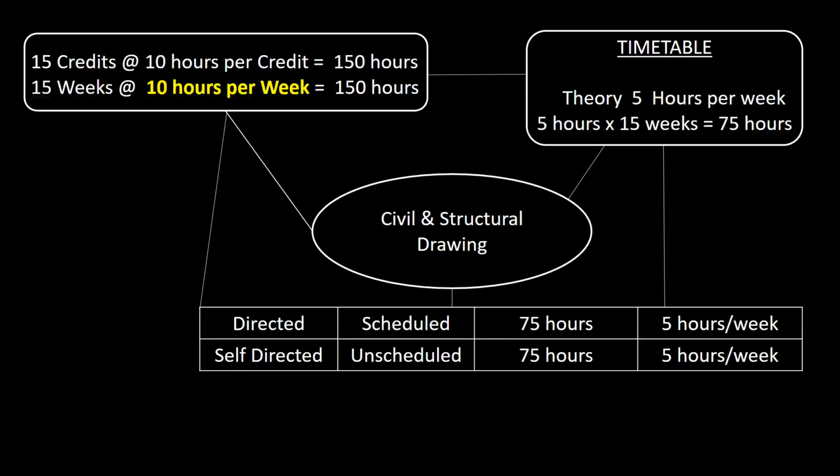So in theory, you have 5 hours per week of directed, scheduled time. 5 hours times 15 weeks is 75 hours. Self-directed, unscheduled, is another 75 hours, or 5 hours per week. That's the expectation: 10 hours per week. 10 hours of work. 10 hours of chargeable time.